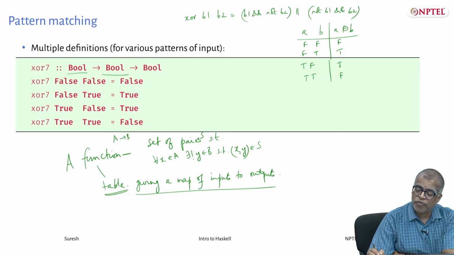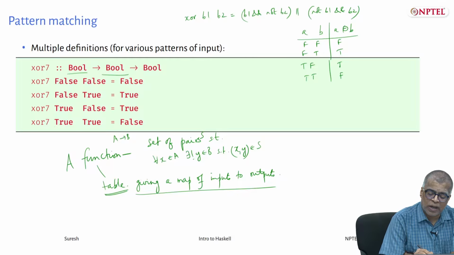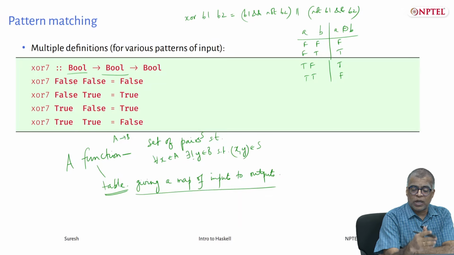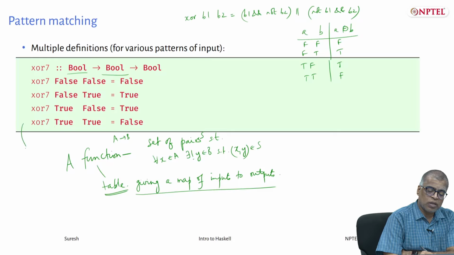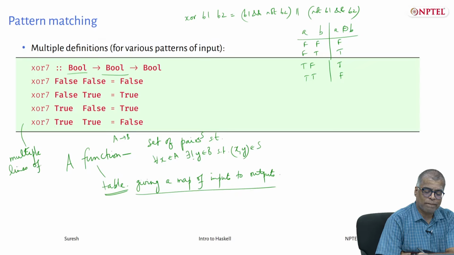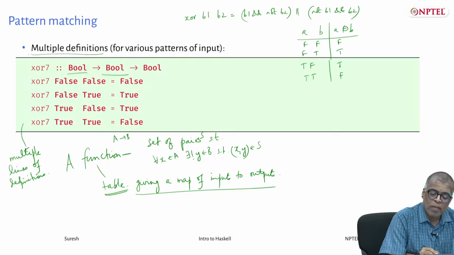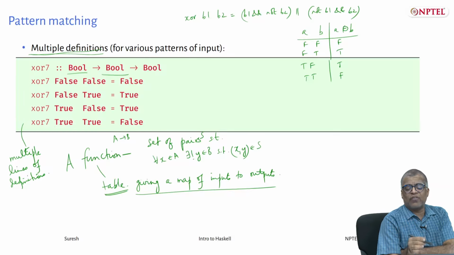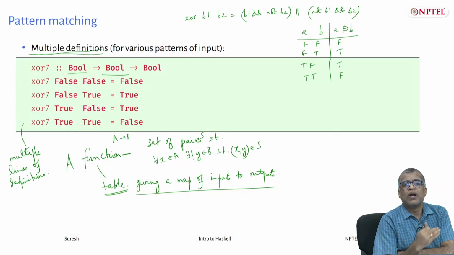Each line tackles different input combinations, and you have multiple lines of definition. You may call it multiple lines of definitions, or even multiple definitions, because you are defining the behavior of the XOR function on different input combinations in each line.